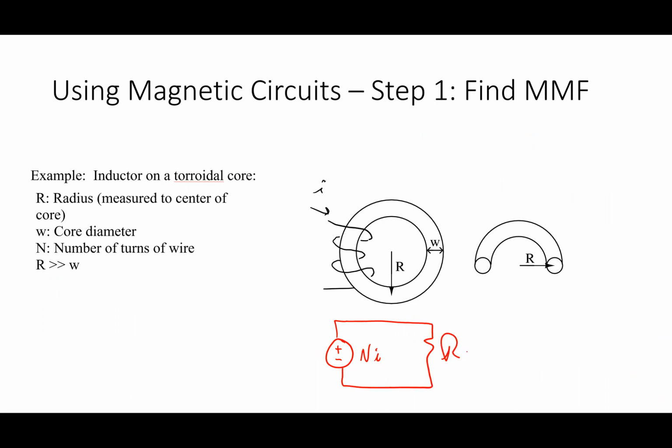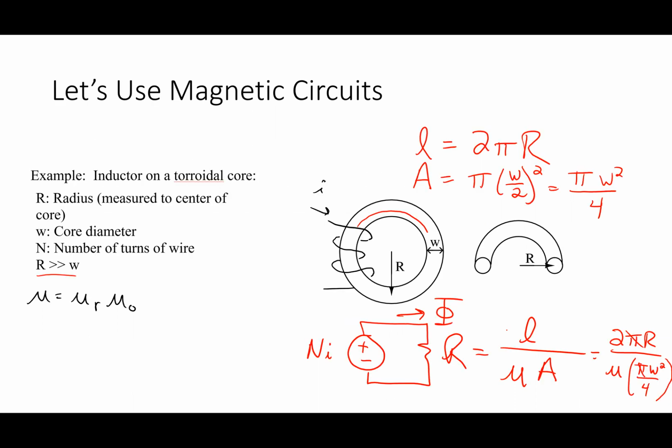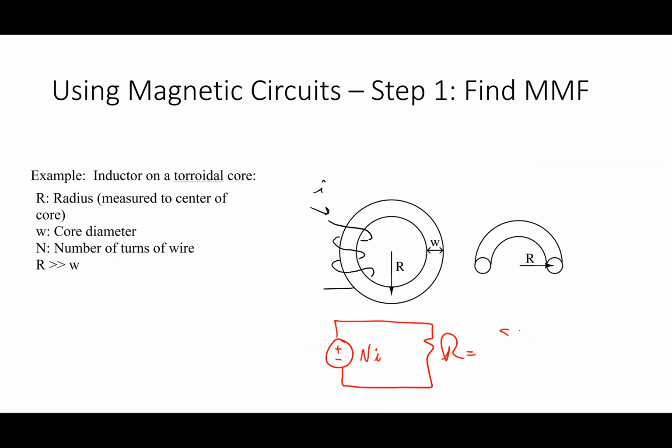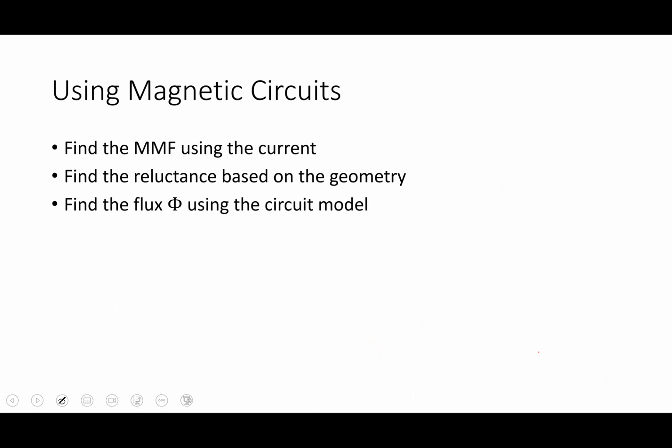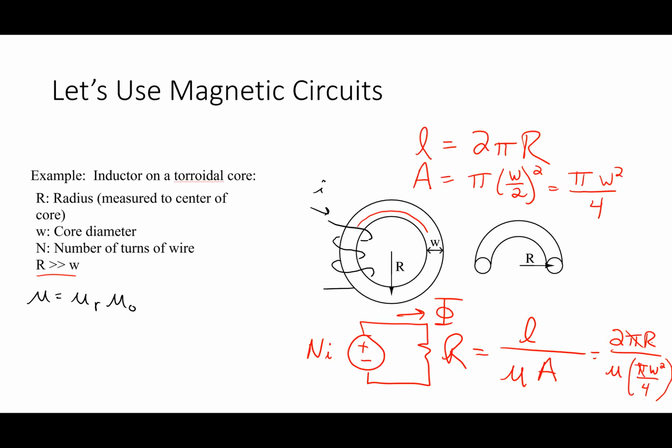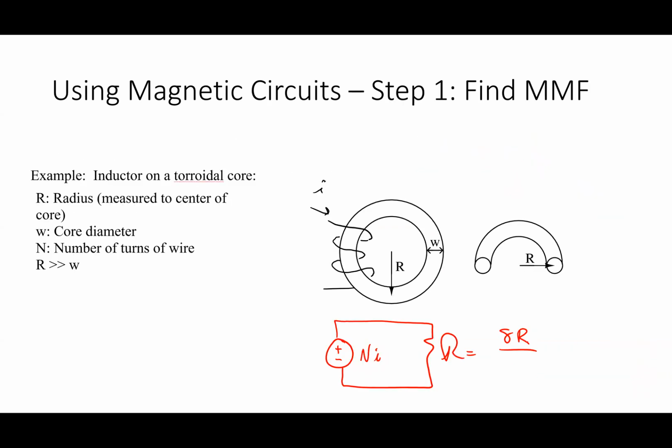This reluctance was, what was it? 8R, right? So if I look at this right here, 2R over mu W squared over 4, the 4 is going to go up top. So it's going to become 8R over mu W squared.